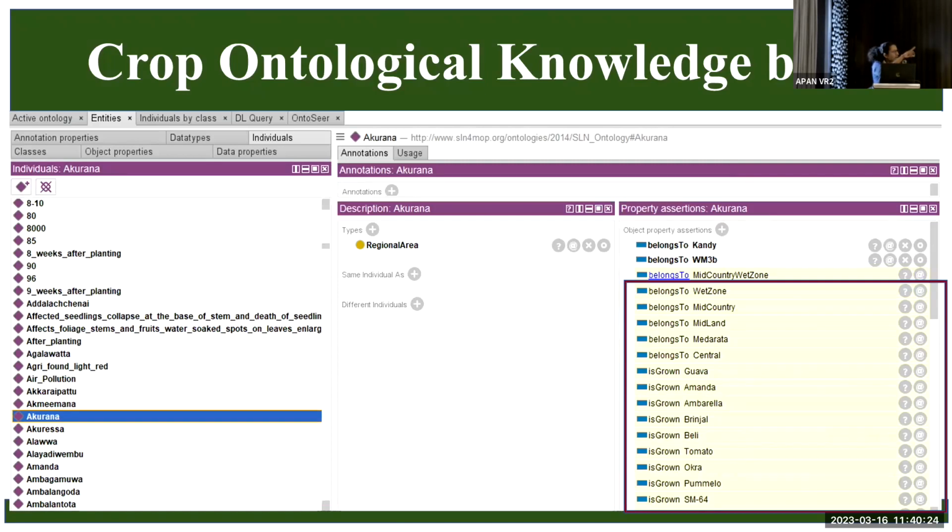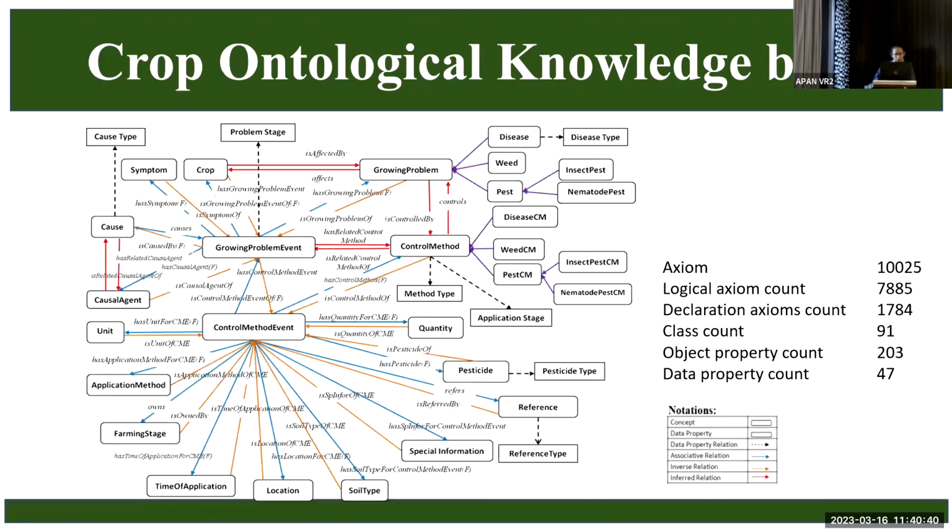After reasoning, the highlighted data is what was reasoned by the reasoner. So rather than feeding all data ourselves, the knowledge base also has the feature to infer implicit knowledge. That is a good feature. So the farmer can access not only the explicit knowledge but also the implicit knowledge.